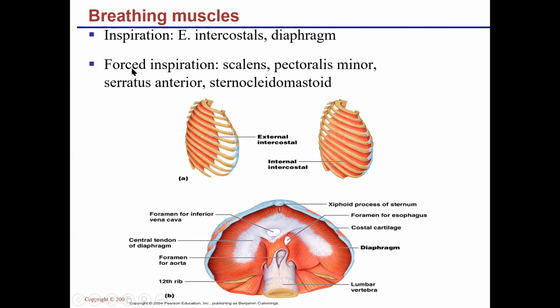But if you want to have more air in, you can control this to have a deep inhalation. That will be called forced inspiration. For normal or quiet inspiration, only two muscles are involved: the external intercostal muscles and the diaphragm. But if it's a forced inspiration, of course, more muscles are going to be involved.